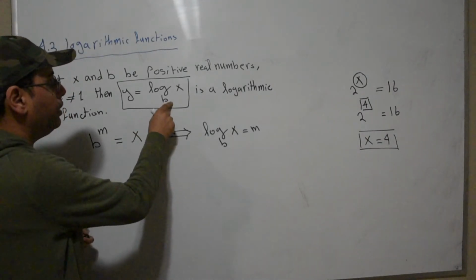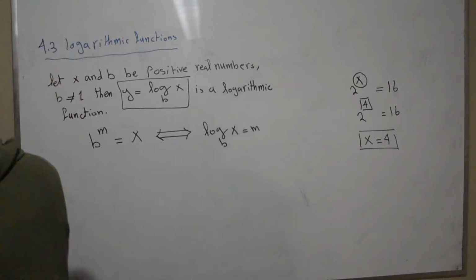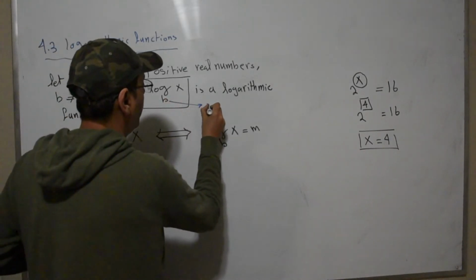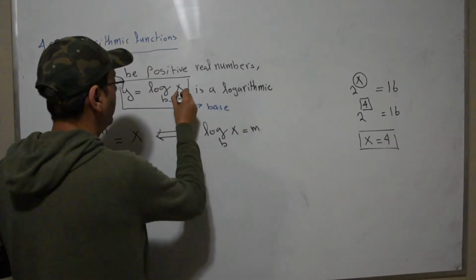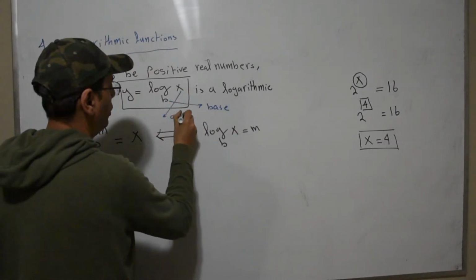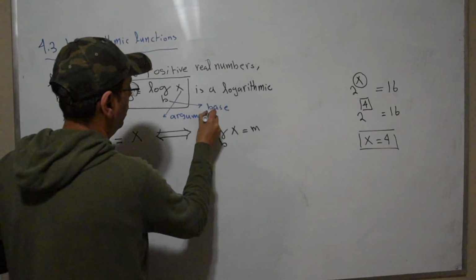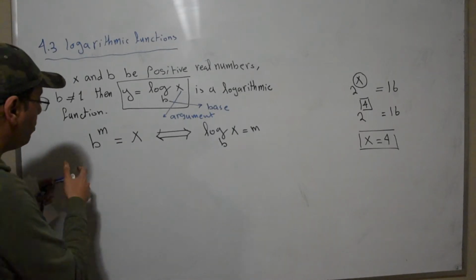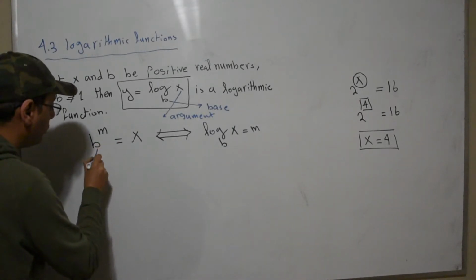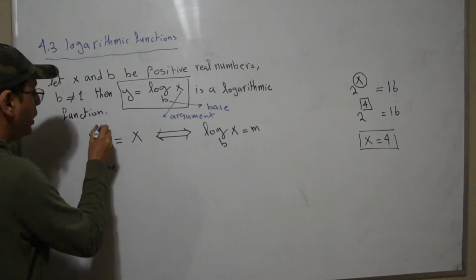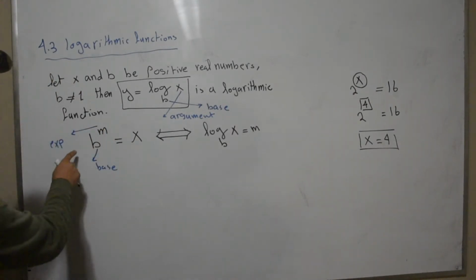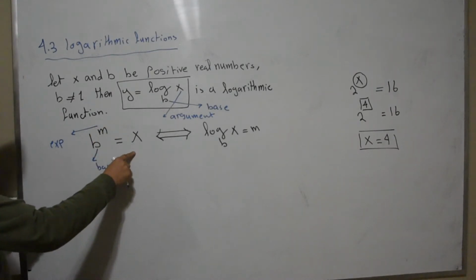We call b the base, and we call x the argument. Here b is the base, and m is the exponent, so b to the m equals x.